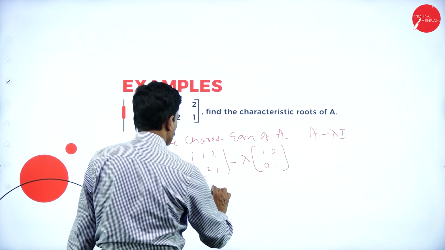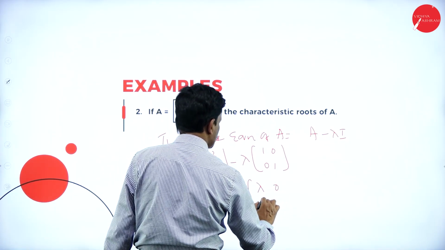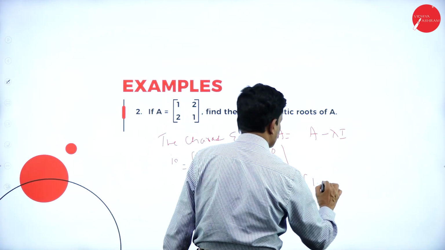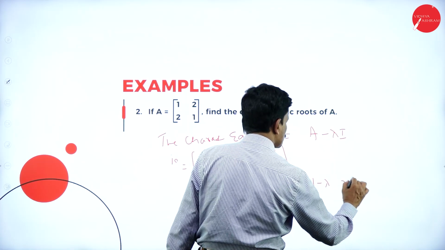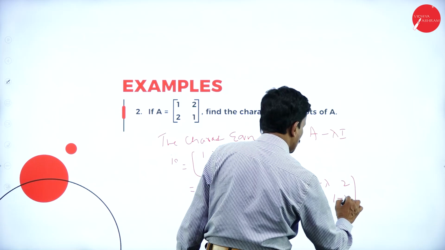This is equal to [1, 2; 2, 1] minus [lambda, 0; 0, lambda]. Subtracting, we get [1 minus lambda, 2; 2, 1 minus lambda].